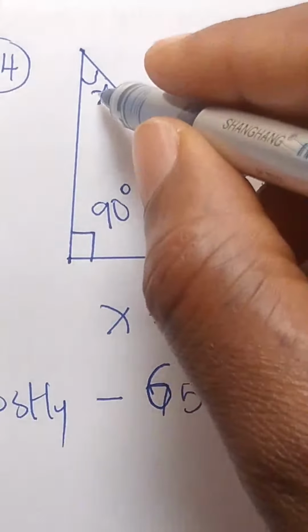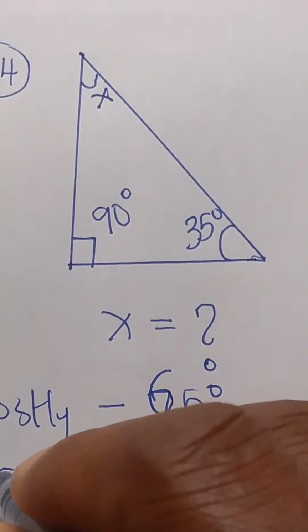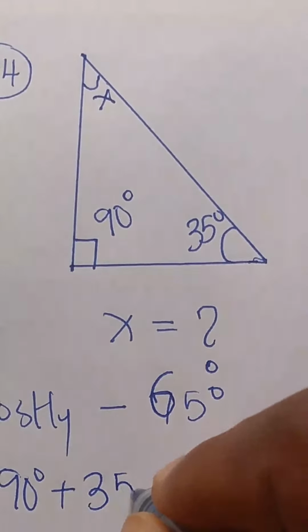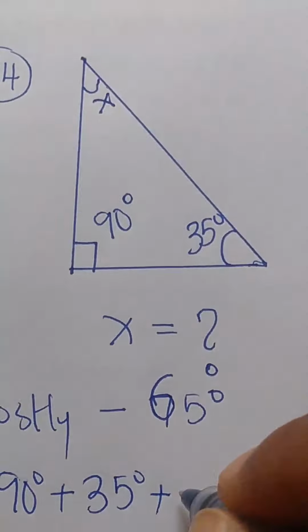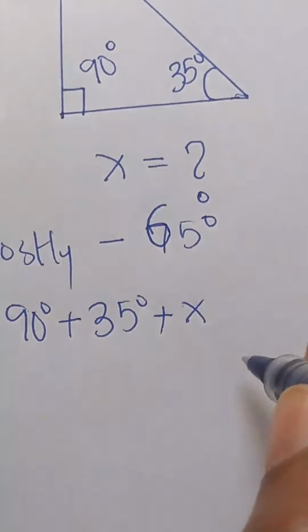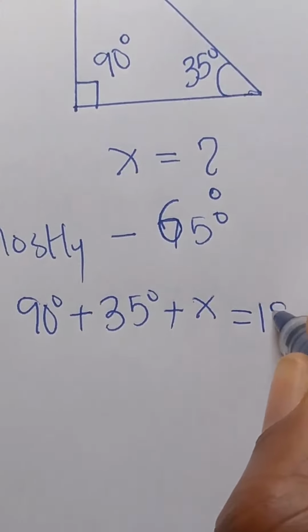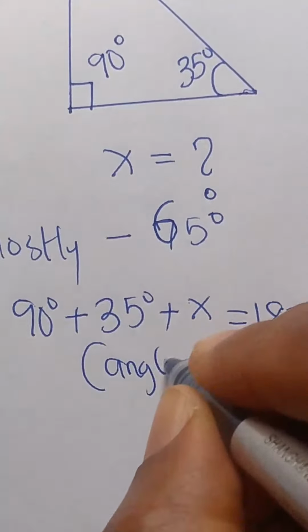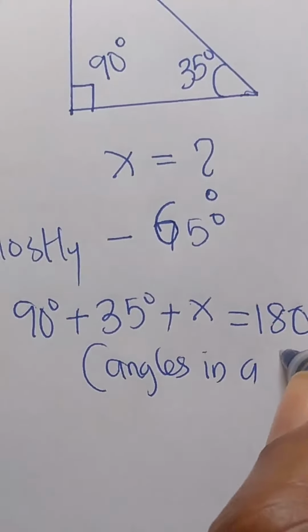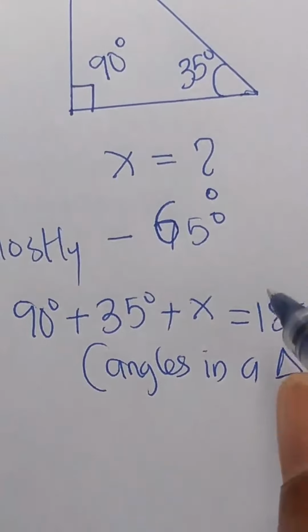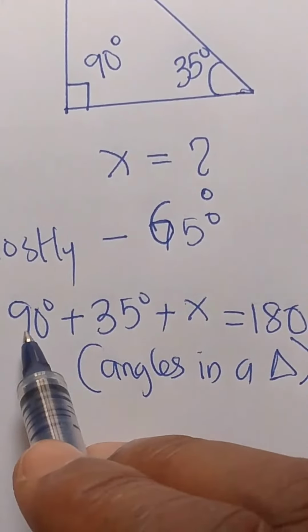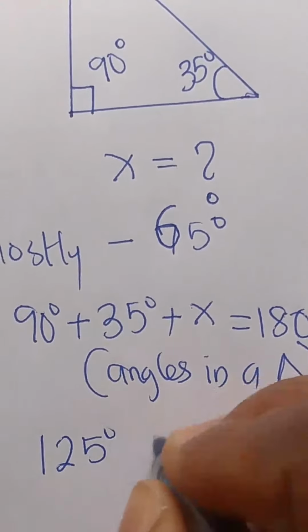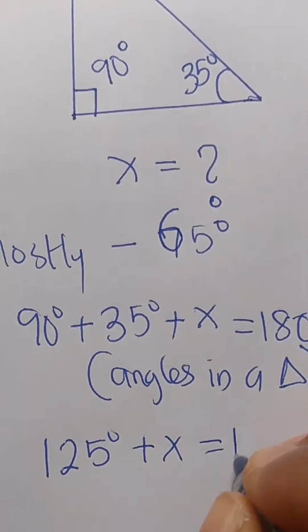Pick every angle here. We have angle 90 there, plus angle 35, plus x, which we are looking for, and that is equal to 180. The reason is angles in a triangle. So we add these two: 90 plus 35 will give us 125, plus our x is equal to 180.